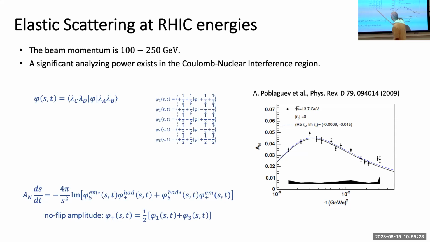One is a single spin flip amplitude, and the other one is the no spin flip amplitude. It's a combination of these two that interfere. So these are no flip amplitudes, if you look at the initial and the final states here, and this is a single spin flip amplitude, and the electromagnetic and hadronic amplitudes interfere in this region such that this analyzing power actually is the largest.